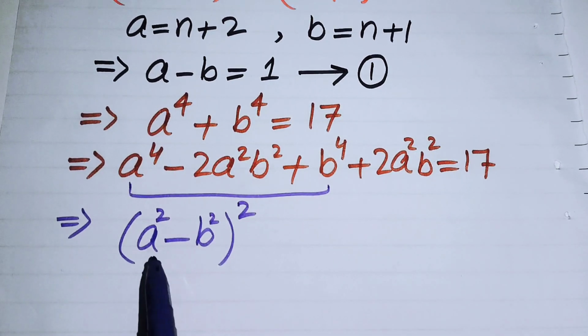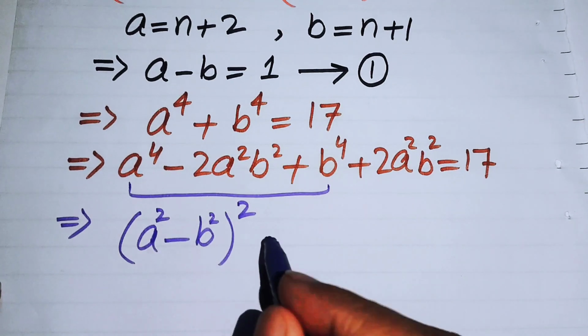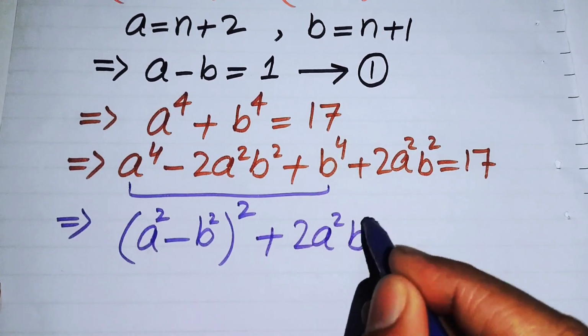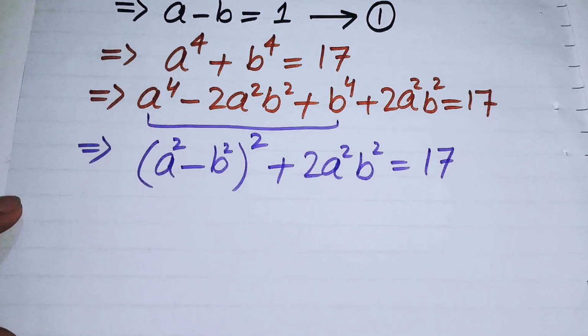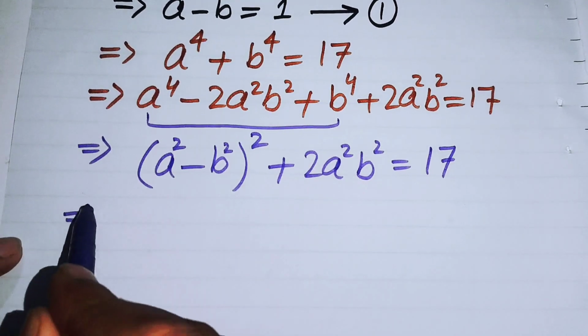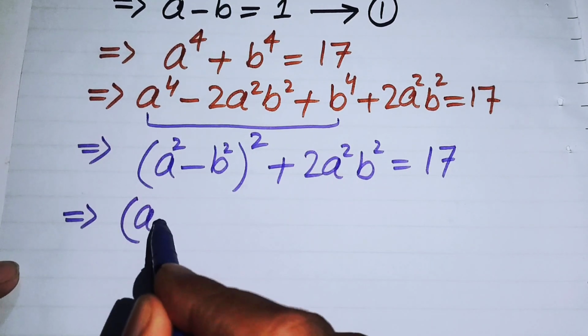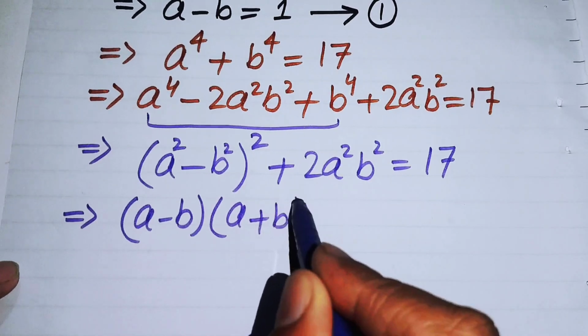So when you open (a^2 - b^2) whole squared, then you get its output in this form, and we have plus 2a^2b^2 equals 17. And in the next step we will open the formula of a^2 - b^2, and you know that it equals (a - b)(a + b).